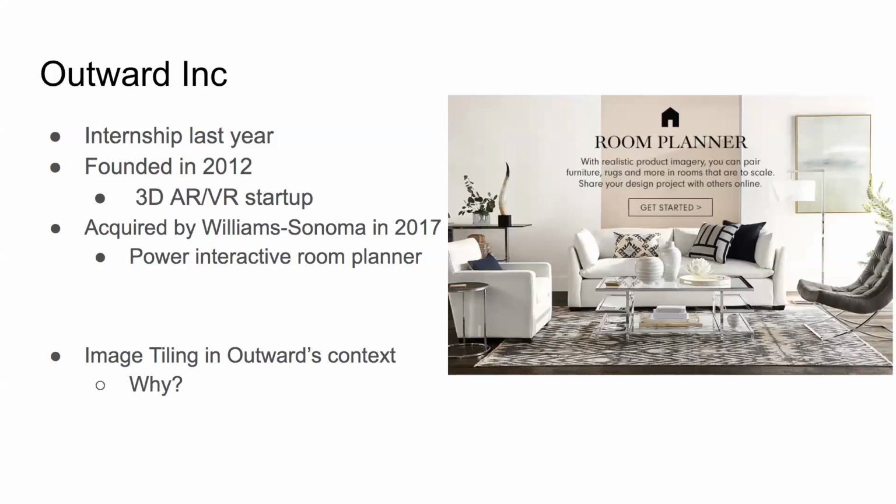Okay, so image tiling in Outward's context. Well, let's talk about the room planner. What the room planner lets you do is it lets people who are buying furniture from Williams Sonoma try out different pieces of furniture, like different rugs, different couches, different pillows, different pottery, and they can try that out in real time.